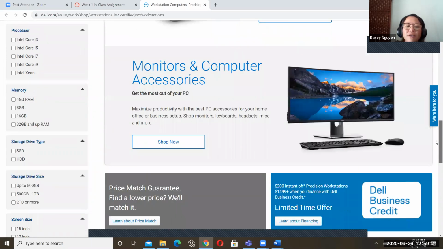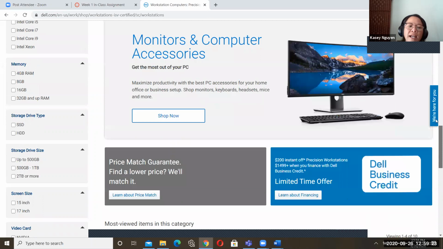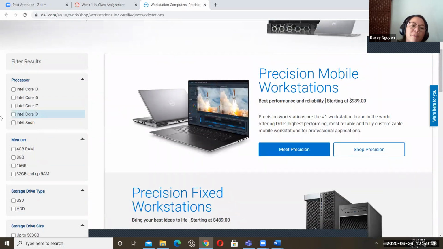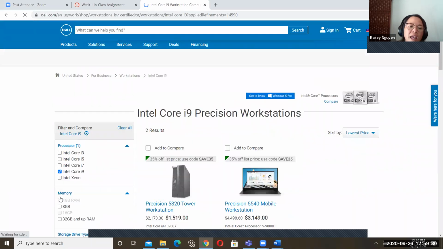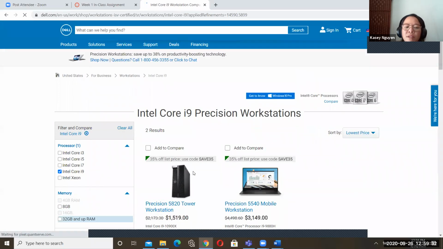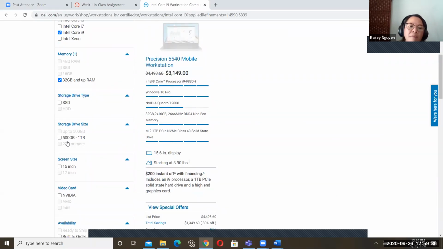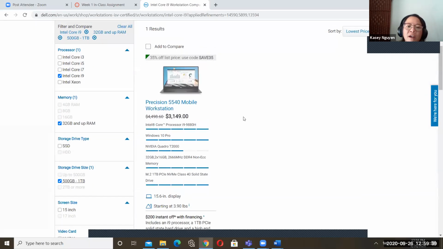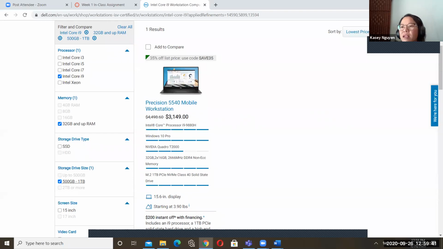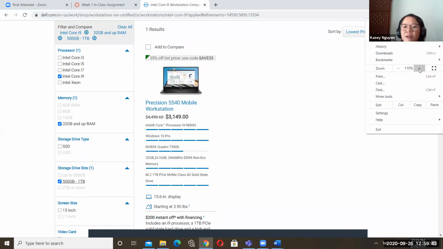So here you can select the one you think would be appropriate for the business. Let's say I go with an i9 and soup it up to 32 gigs and up. Then I'm going to go 500 gig to 1 terabyte, which is about the standard nowadays.